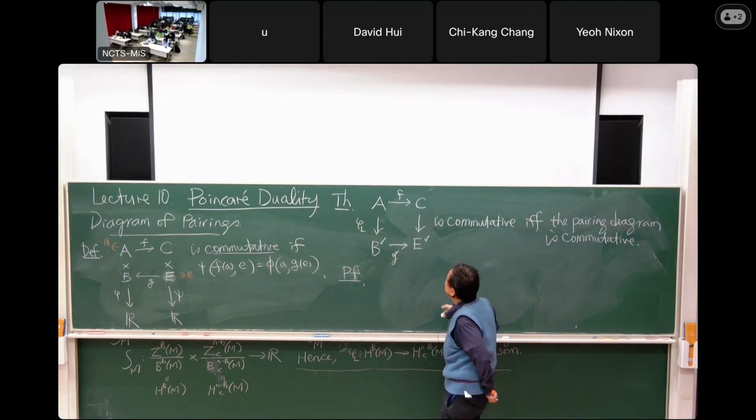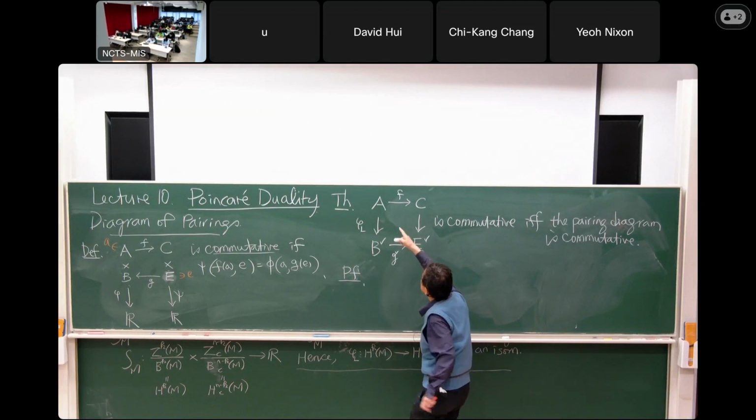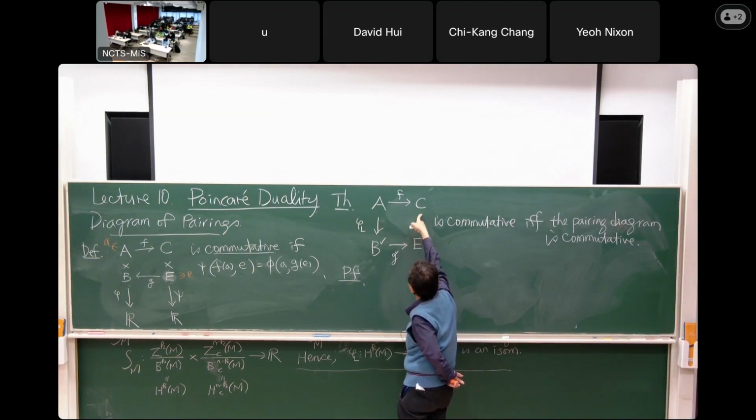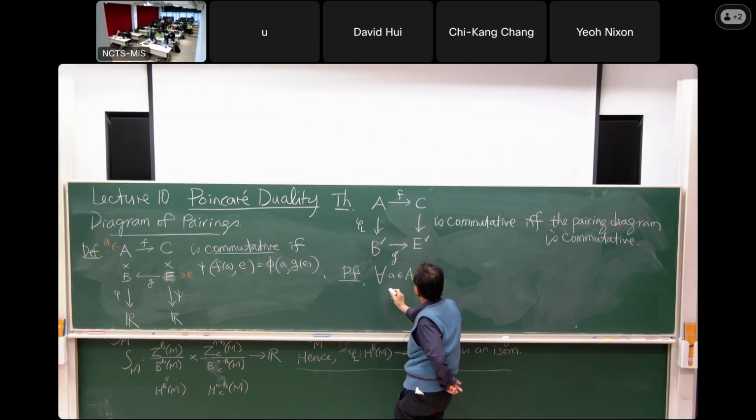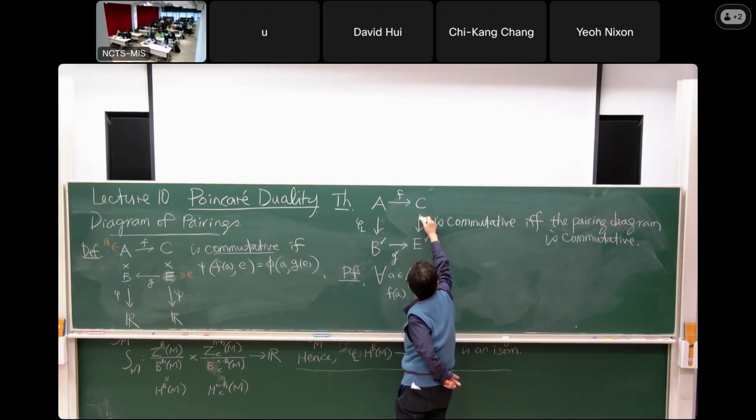So what does it mean for this diagram to be commutative? It means for all a in A, if you go this way, so f of a, let's see, this is psi L, right?